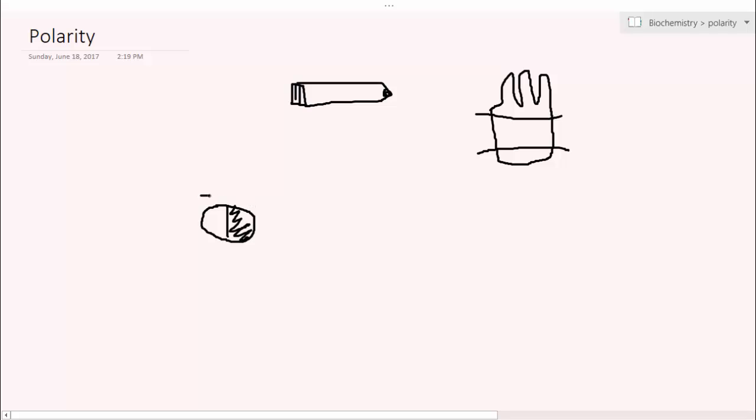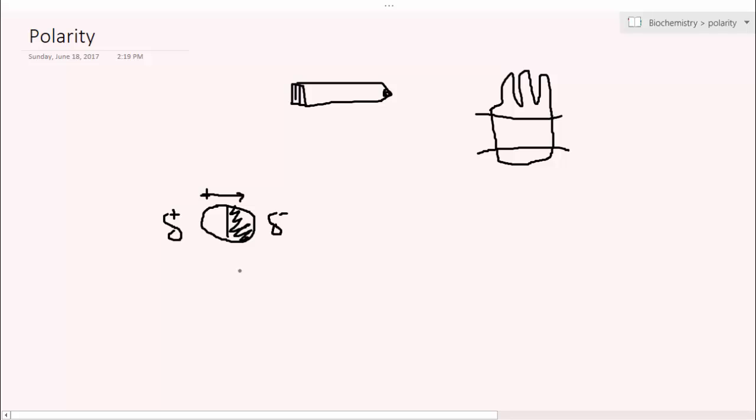So we represent that with an arrow pointing toward the electron dense part, and its tail having a positive sign in it, or by drawing a delta negative and delta positive to represent partial positive and partial negative charges.